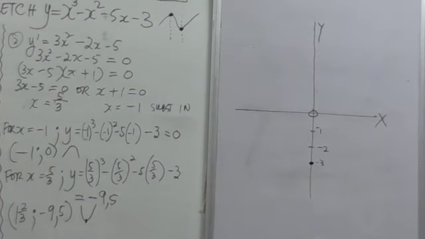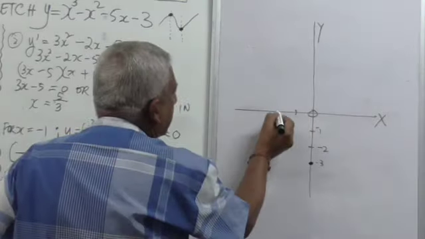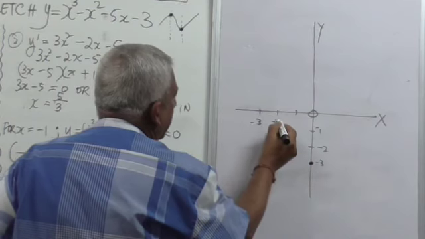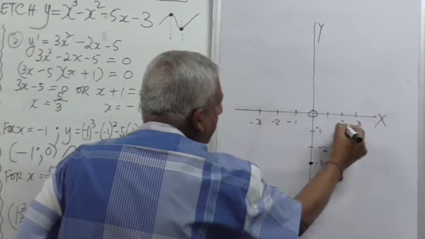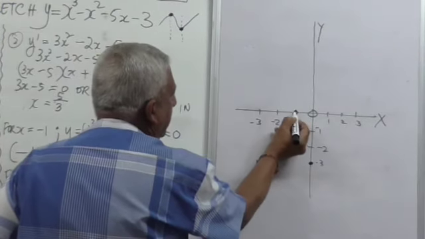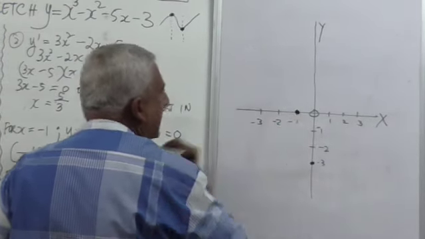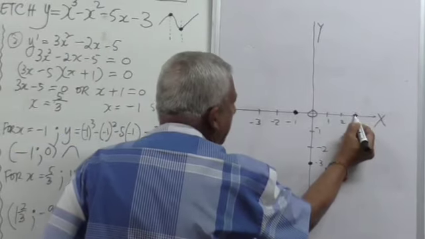The x-intercepts are negative 1 and 3. Negative 1 appears 2 times. So there's negative 1, negative 2, negative 3. And 1, 2, 3. So it's negative 1 first time, then negative 1 again, and then it is 3.